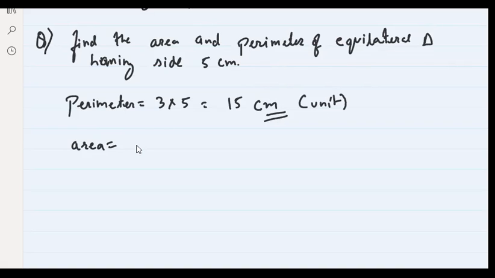So for area, we just have to use the formula root 3 by 4 into a square, a into a, which is root 3 by 4 into 5 into 5, which is 25.